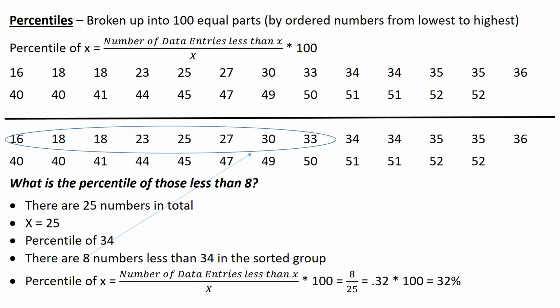So the number of data entries is 8, divided by 25, which is 0.32. It's 32%. It's that simple. 8 divided by 25, so 32% of the data is less than 34.